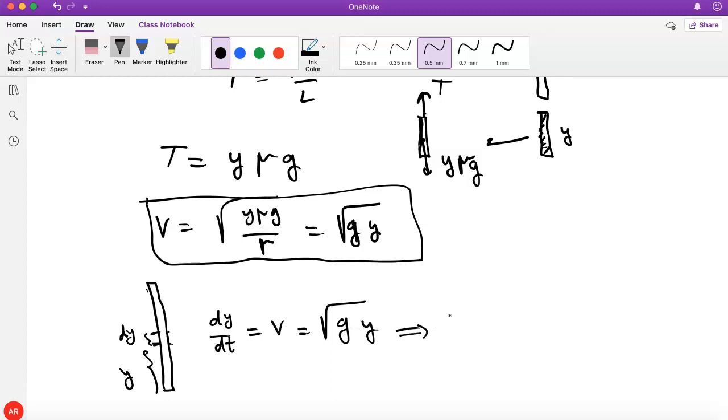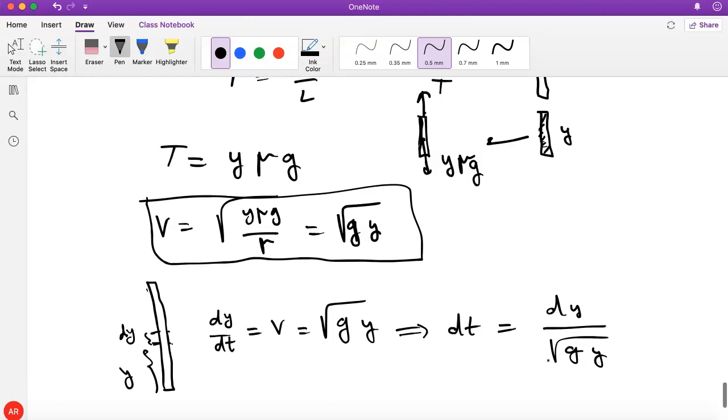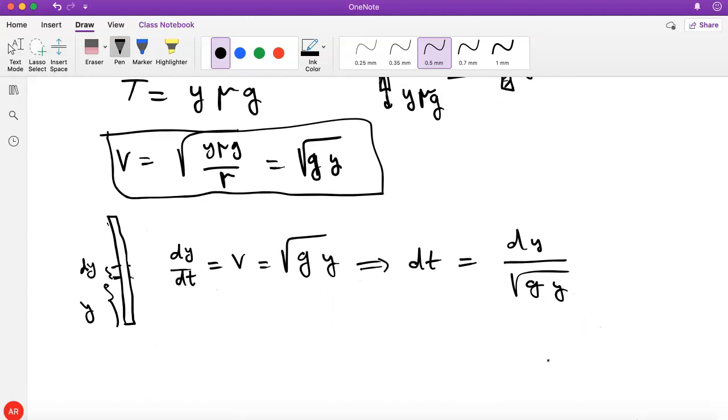So from here I can write dt is dy divided by square root of gy. Now, if I'm adding all those times, each of those little times is this infinitesimal dy times a function of y, and y runs from 0 to L, right? That's the full length of the rope.